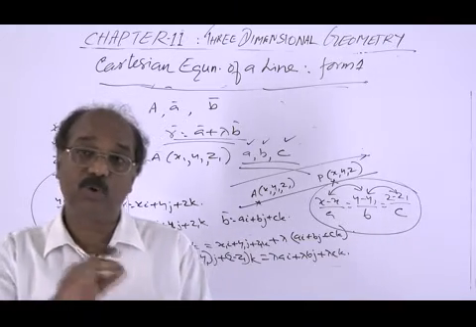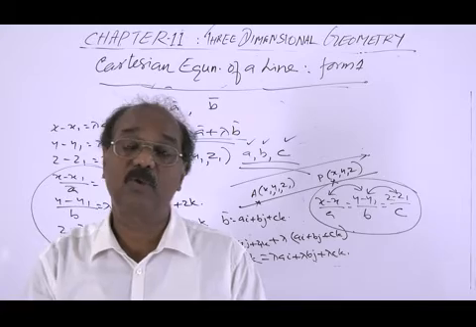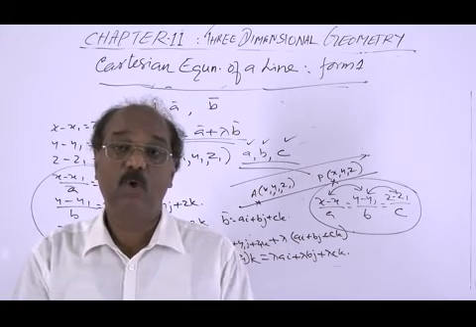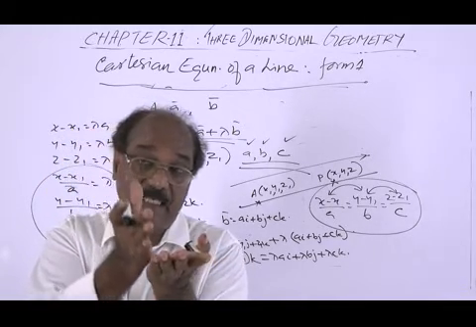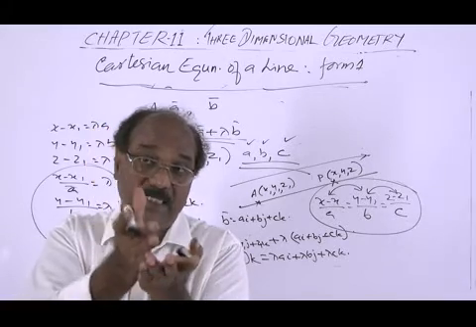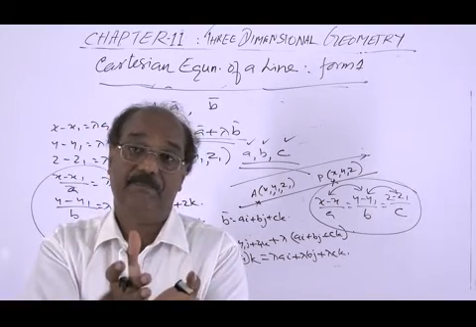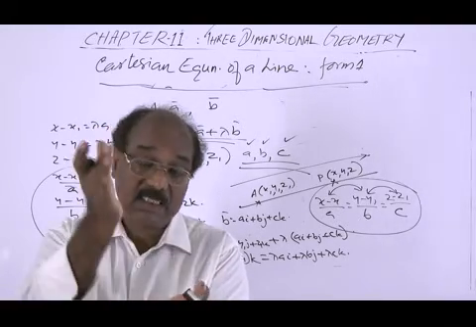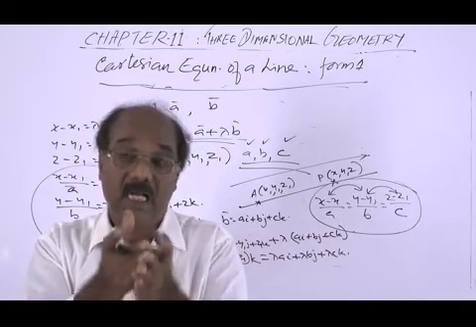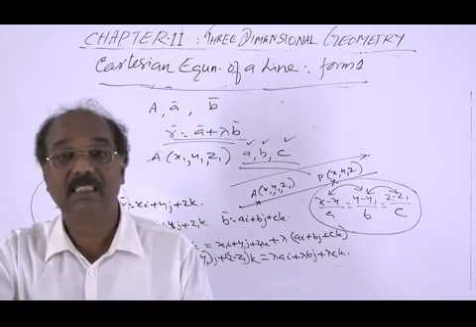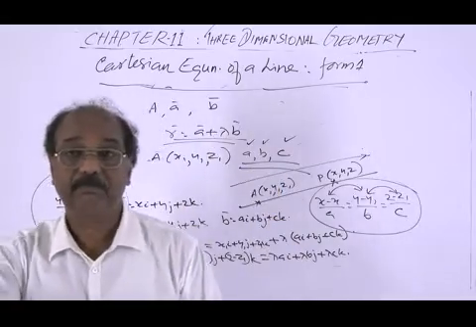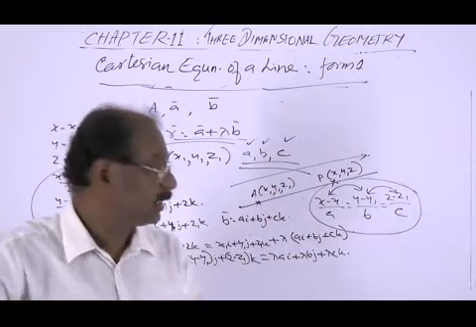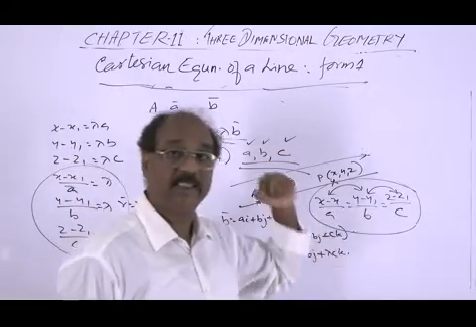These two equations together mean the common points of these two planes, that is the intersection of these two planes. Intersection of two planes is a straight line. And that is the equation of the line here. Okay, that's why the equation is like this.